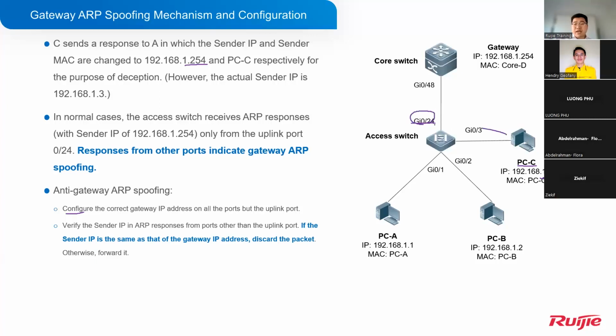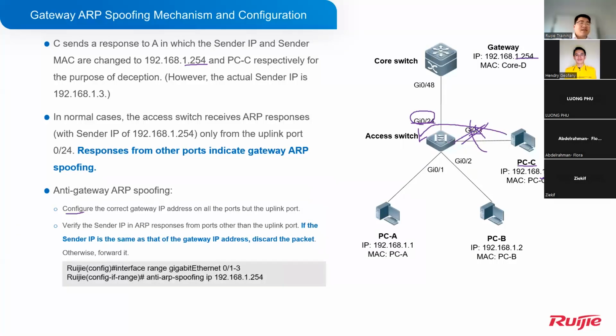If I receive a packet with IP 1.254 from GE0/3, it's obvious that this is gateway ARP spoofing, and we just discard the packet. In this case, we can protect the network, and the configuration is quite easy.